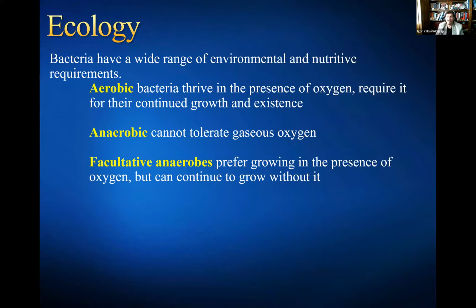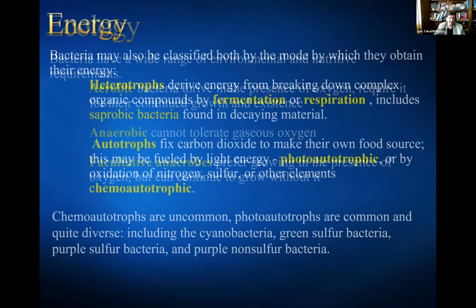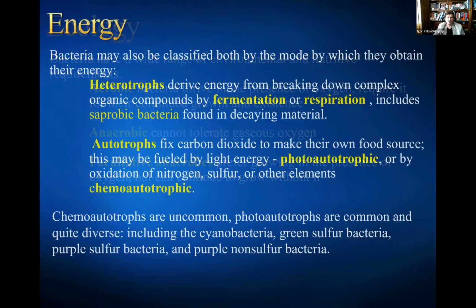And then there are facultative anaerobes. They tolerate oxygen, they can use oxygen if it is present, and if there is no oxygen, they switch to something known as fermentation rather than cellular respiration. Energy, we already kind of talked about that during the lab. Heterotrophs versus autotrophs.